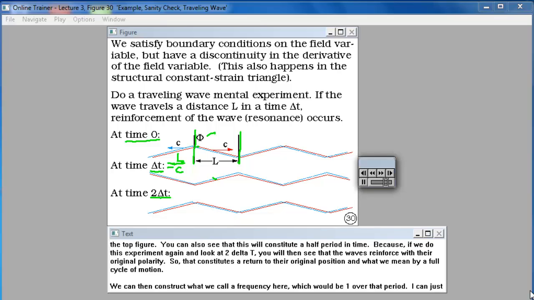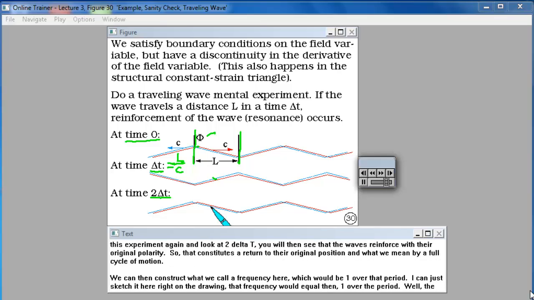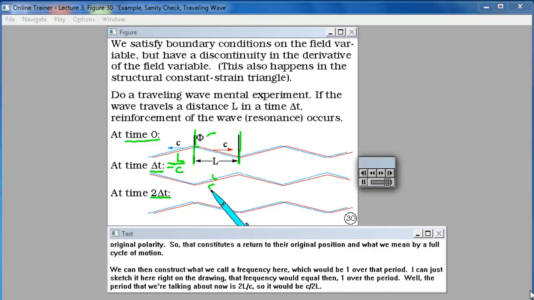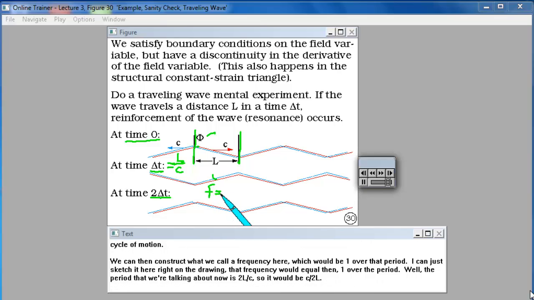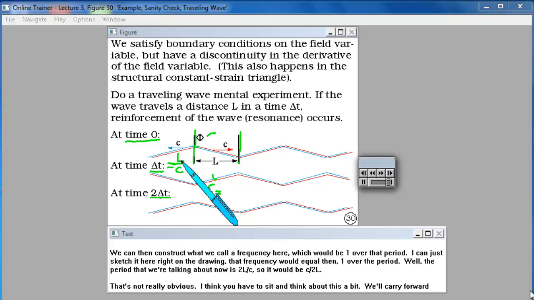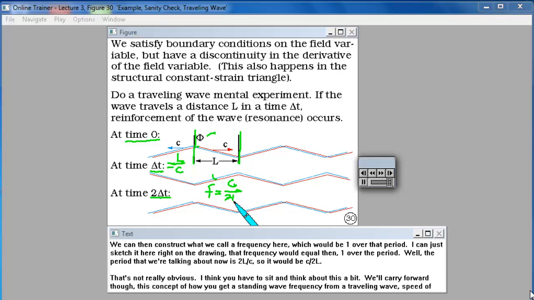We can then construct what we call a frequency here, which would be 1 over that period. And I can just sketch it here right on the drawing, that frequency would equal 1 over the period. Well, the period we're talking about now is 2L over c, so it would be c over 2L. That's not really obvious, and I think you have to sit and think about this a bit.